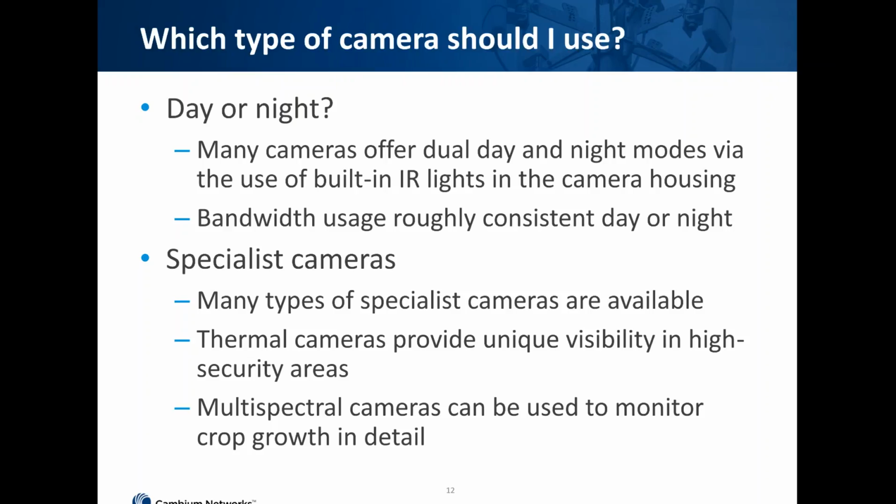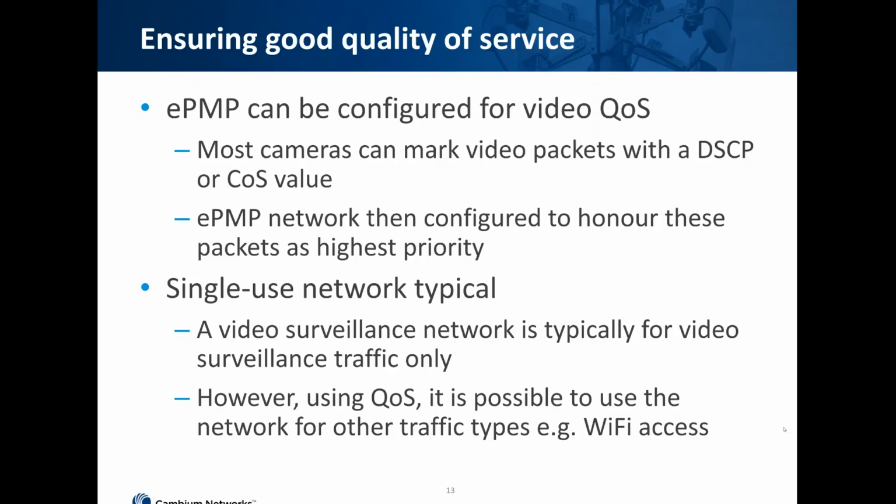I can't explain this very well, but it's essentially the different spectrums of light that crops at different levels of growth stage and different levels of health will emit. So you can see those with a multispectral camera. So we've seen some deployments on farms and agricultural areas where they use that as a kind of preemptive measure of their crop health. But it's just an interesting use of video surveillance that's not just for security. So I wanted to mention that one.